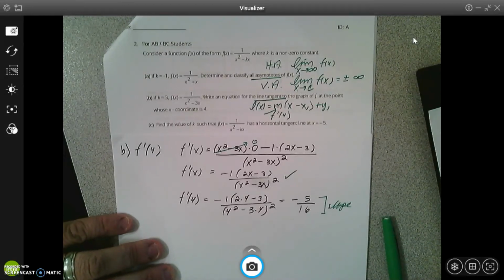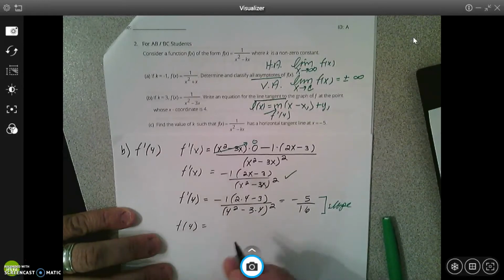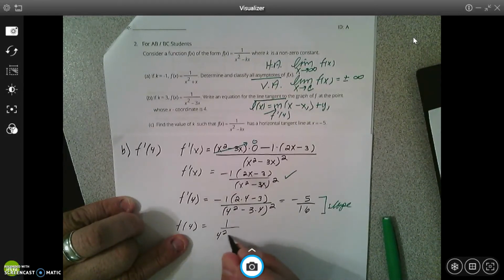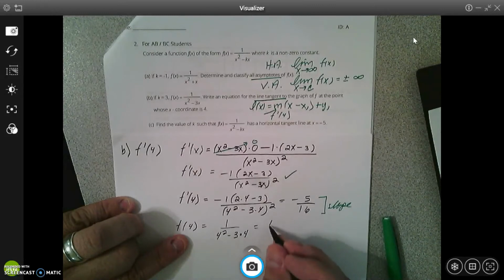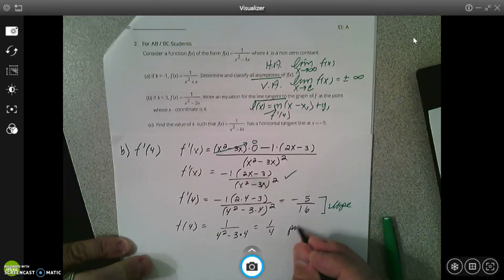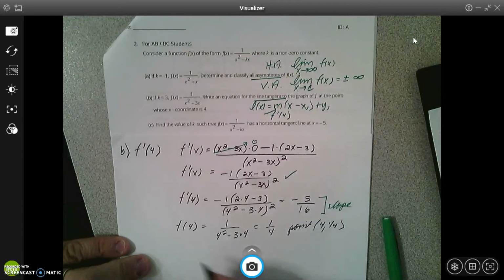We need to know the coordinates for the point. Well, that means I need the y value. To find the y value, I evaluate f of 4. So that's going to be 1 over 4 squared minus 3 times 4, which I believe is 1/4. This means that the point of tangency has coordinates of 4, 1/4.